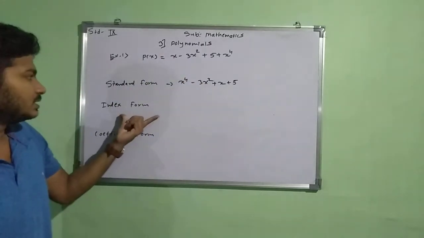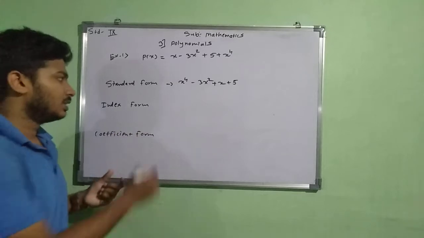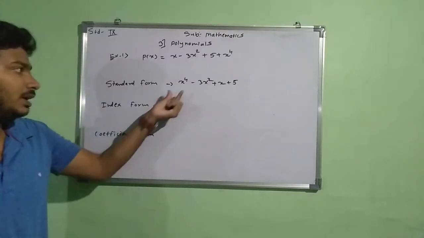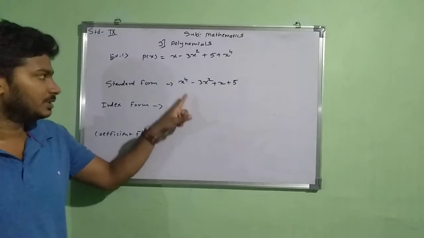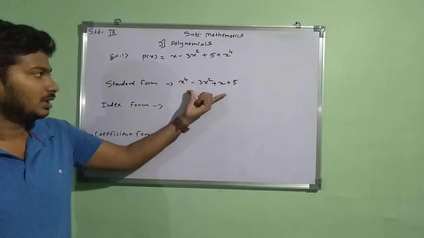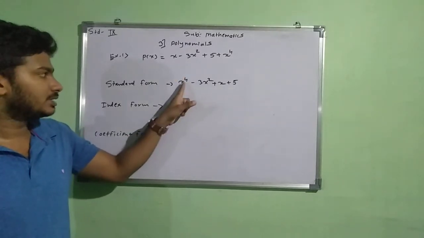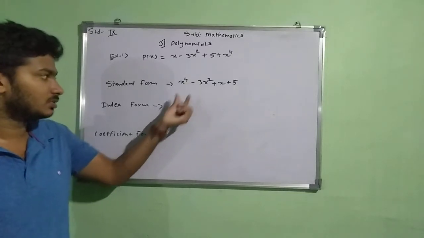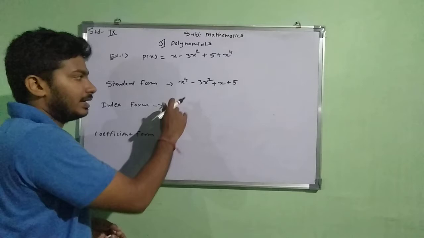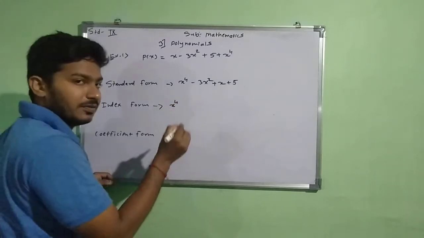Now we will see the index form. While writing in index form, each and every variable term should be there. Here in that example, x raised to 4. Now we don't have any term having power 3, so we will mention it over here. While writing, x raised to 4 will come first.